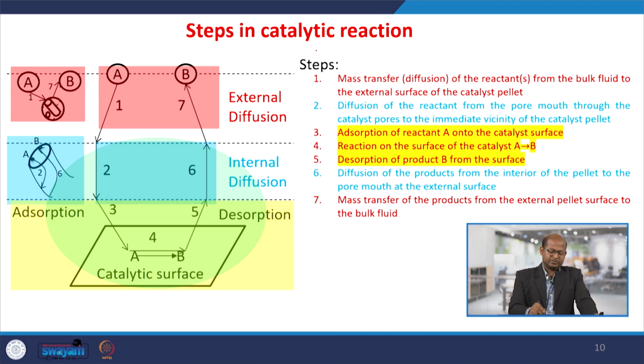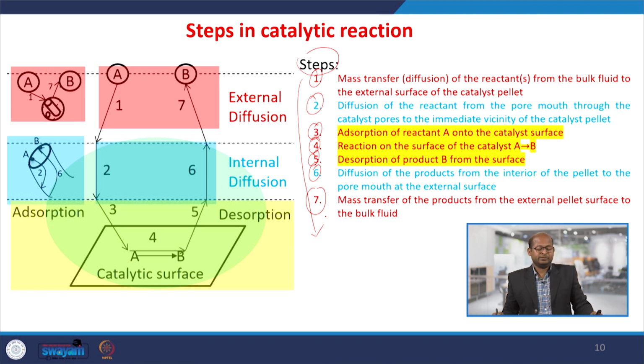Here the steps are given: step 1, step 2, step 3, step 4, step 5, step 6 and step 7. Seven steps are discussed, showing one by one what happens to the reactant molecule A, which is converted into B in the presence of the catalyst inside the reactor. First, reactant A enters from the external bulk phase.